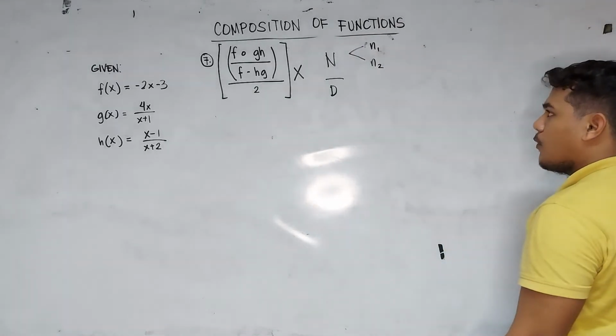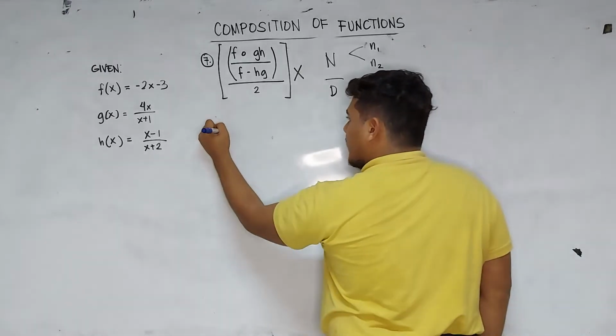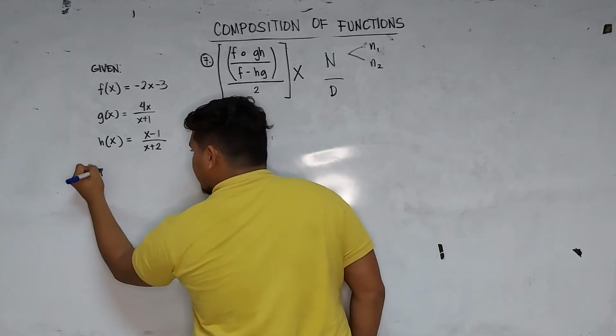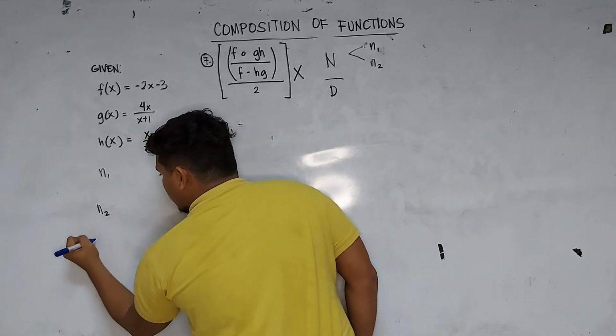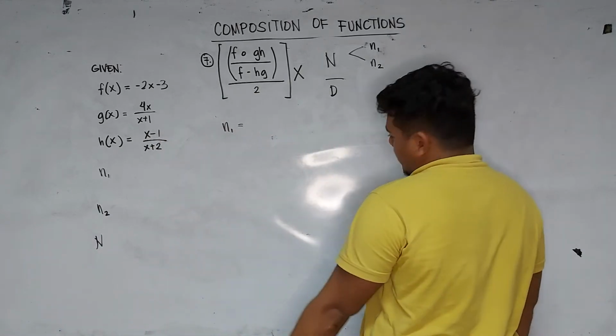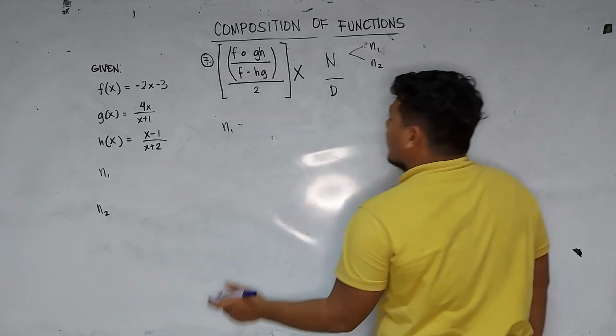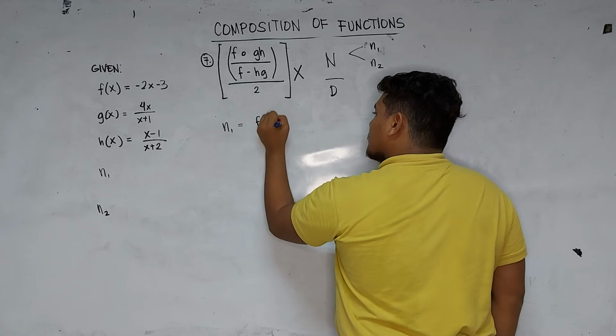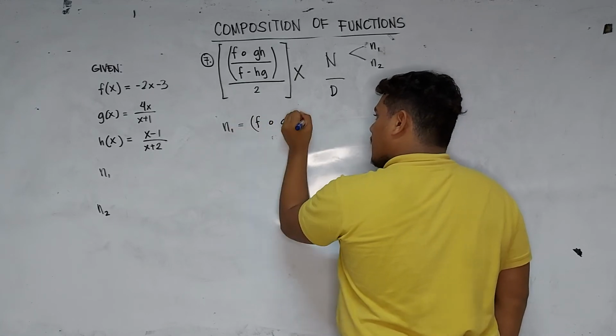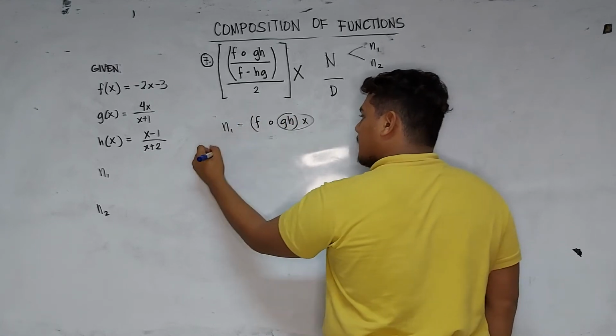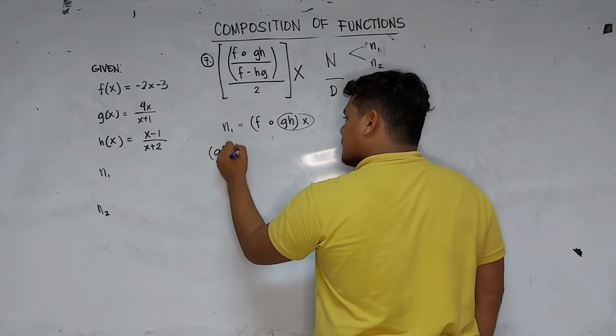So we have to get our micro n1. What is n1? n1 is f composed of gh of x. What do we do first? gh of x. What is gh of x?